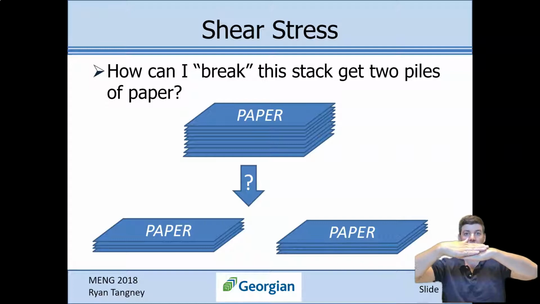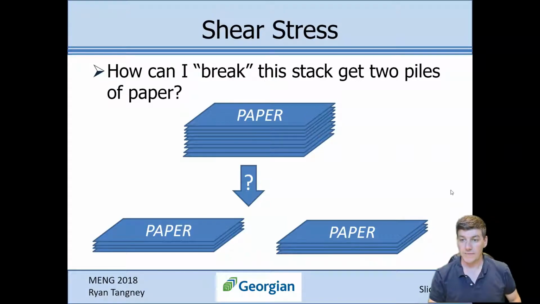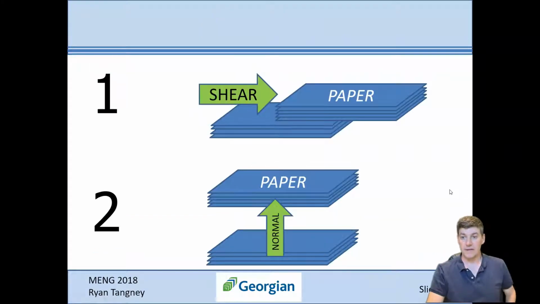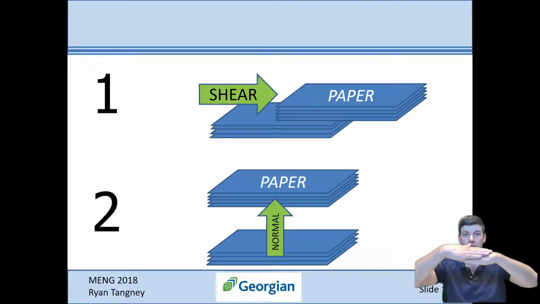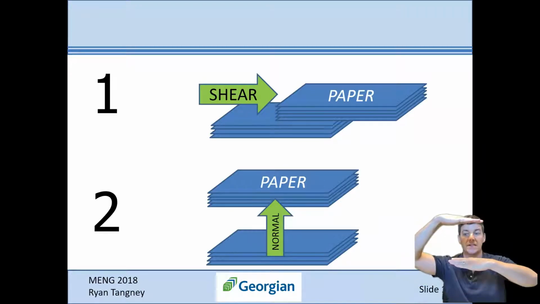Normal stress is where we take that section and we separate it by moving them directly apart. Okay, so we have a couple different types of stress, and we could think about the failure mechanisms that might exist with that material. Shear, we have a sliding separation. Normal, we have an essentially instant separation.